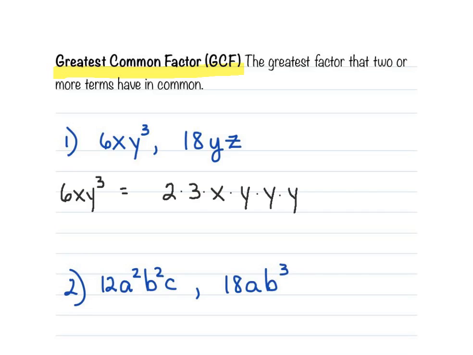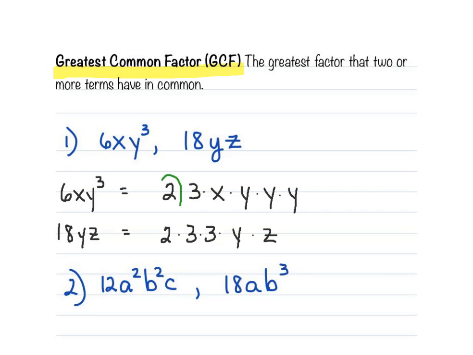And then we would factor 18yz. So 18 would be 2 times 3 times 3 times y times z. Your next step is to identify the common factors that each of these terms have.